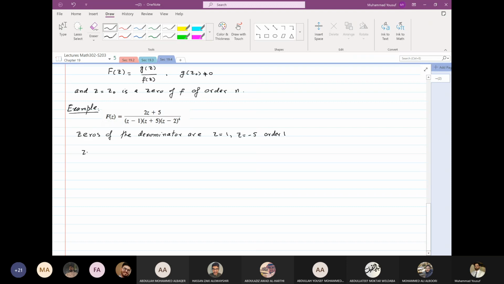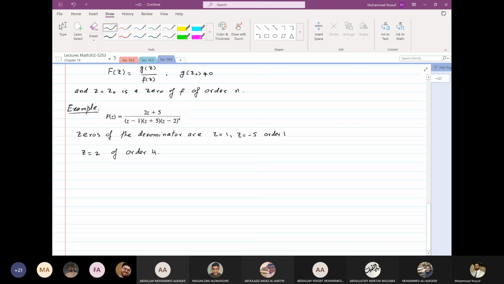And z equal to 2 of order 4. And none of these 1, -5 and 2 make the numerator equal to 0.